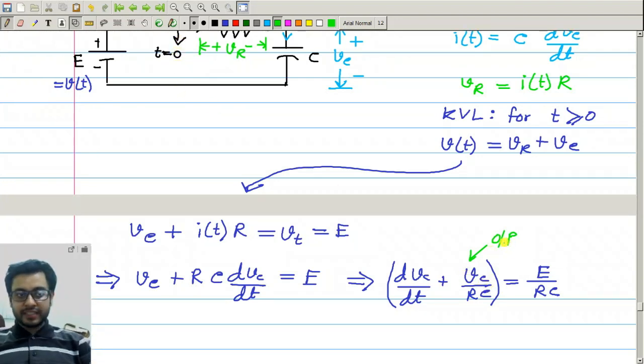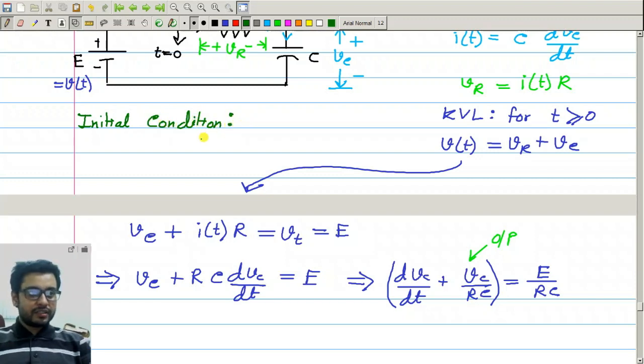To find this output, we also need an initial condition. One initial condition: we will need the initial value of Vc.